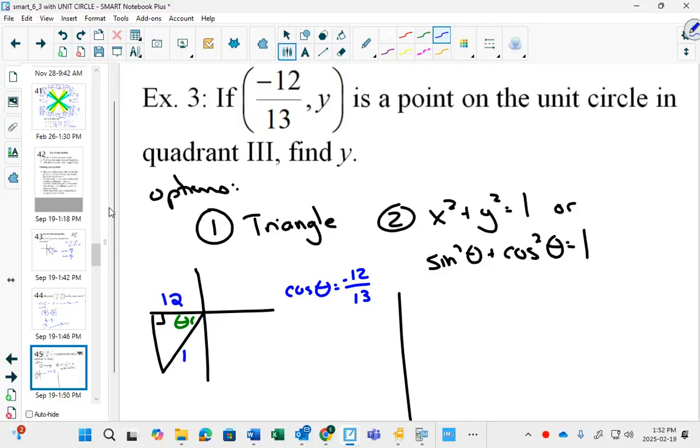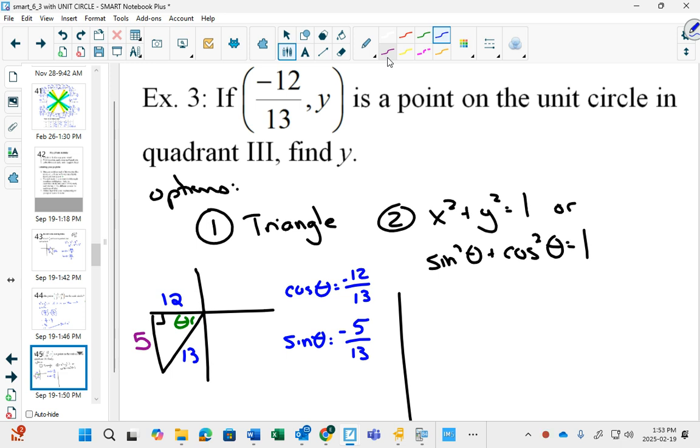I often just label it with positive numbers because that's an actual triangle with actual lengths, and you don't need to label a negative side. But then I use my CAST rule afterwards to figure things out. I obviously didn't draw this to scale because if you do a squared plus b squared equals c squared, you will figure out that the other side is 5. And if that's 5, then I would know that sine of theta is negative 5 over 13, and I know it's negative because it's in quadrant 3.